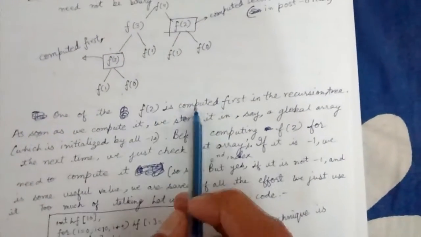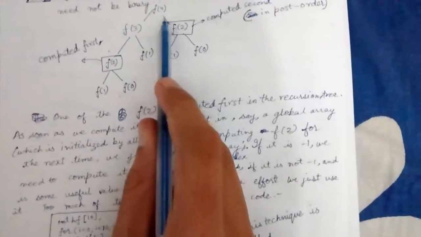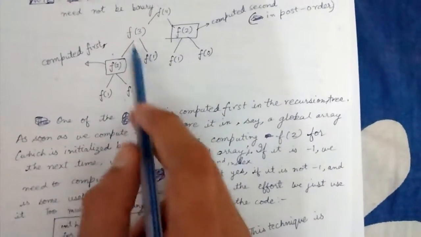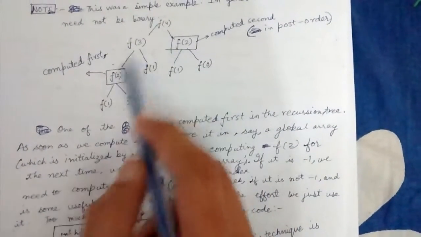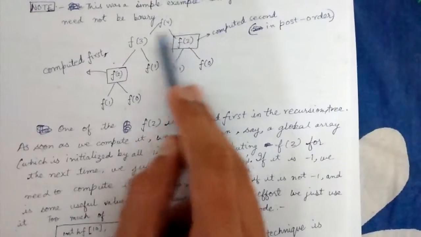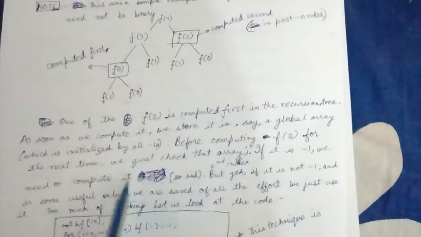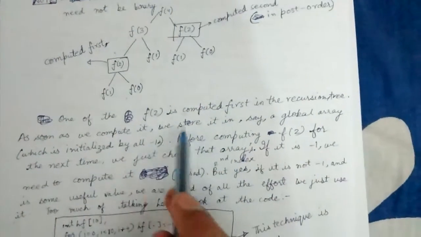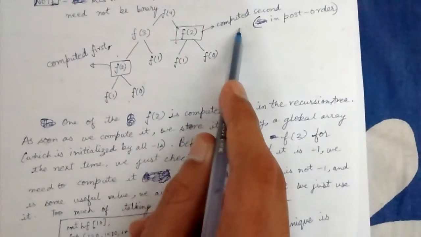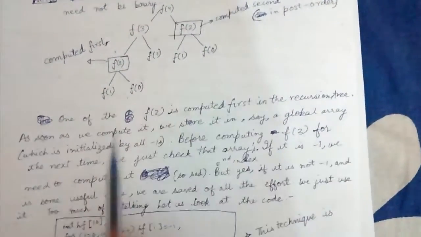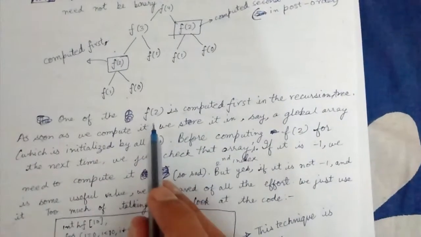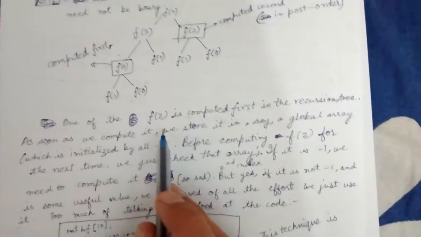Let's see this problem, f4, f3. This is divided here. This is computed first, this is computed second, and when both return to their parent, then f4 gets computed. This is what happens in a typical normal recursion, but we want to do something else.